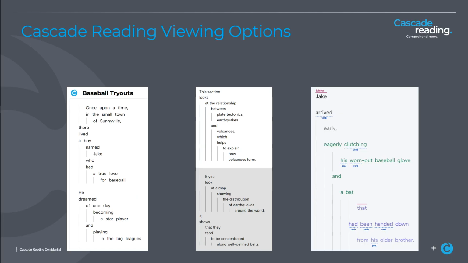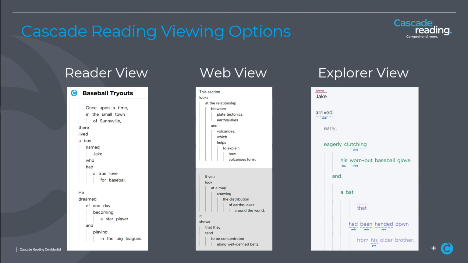So when you have the Cascade format, there are various views with which you can show the Cascade format to readers and students. First, the reader view is a basic tool that allows you to transform any text into the Cascade format and then read it or export it as a PDF to have your students read it. The next view is the web view, and this is an extension that you can get for free for Chrome, and it takes any website and automatically cascades the text for you and also gets rid of a lot of distractions on the website like ads.